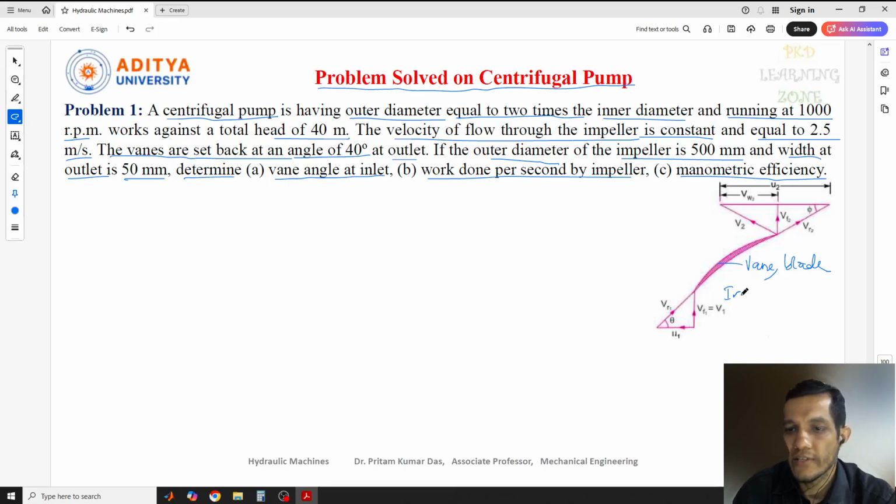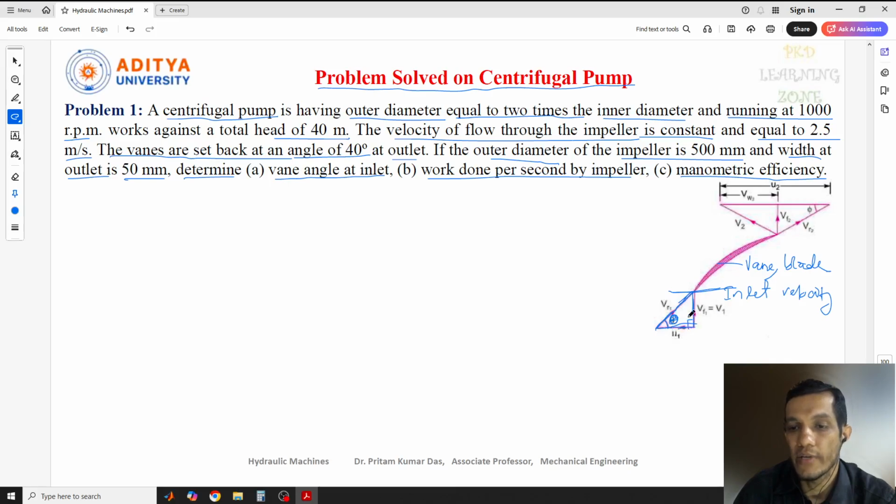We already discussed previously how to draw the inlet velocity diagram for the pump. And this is theta. Theta is the angle between the relative velocity and the tangential velocity.